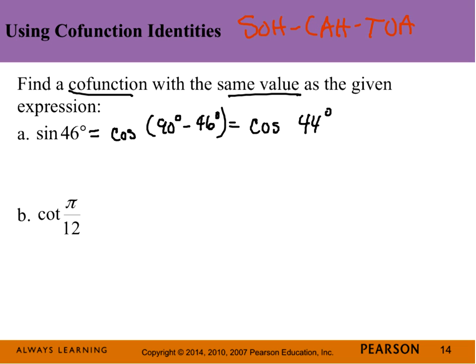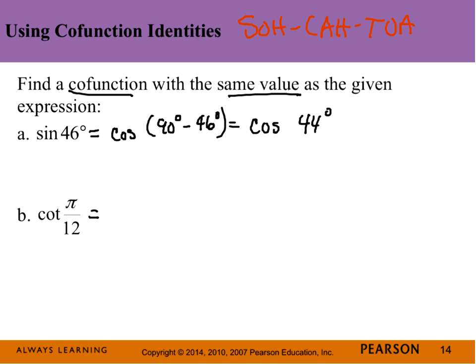The cotangent of pi over 12, well, we know from our trigonometric cofunction identities that the cotangent is equal to the tangent of 90 or pi over 2 minus that particular angle measure.